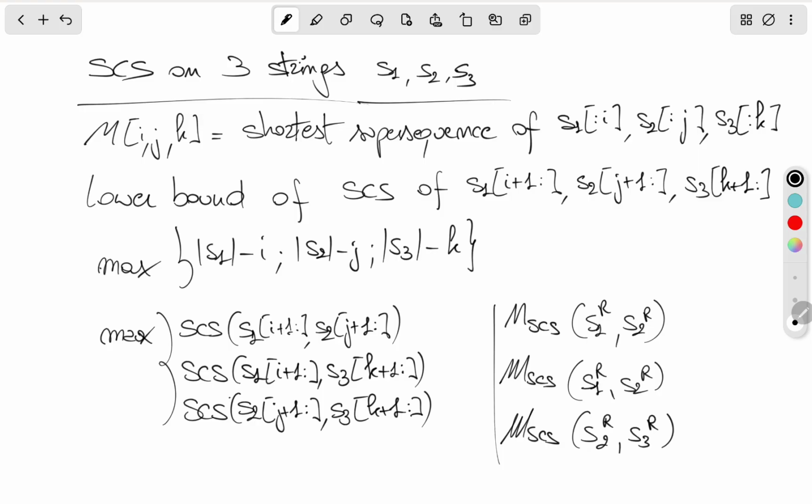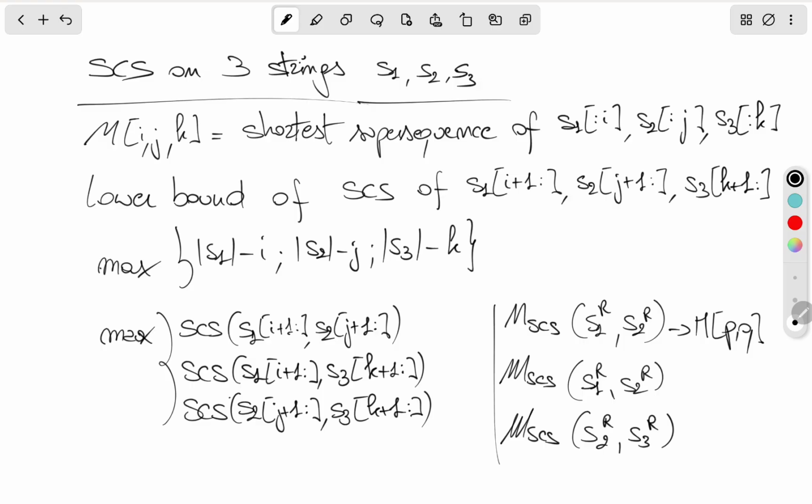I keep the entire matrix, because the PQ cell there, M[P][Q], is the length of the shortest common supersequence of the first P characters of S1 reverse and the first Q characters of S2 reverse, that is the reverse of, but the length is the same, the last P characters of S1 and the last Q characters of S2.